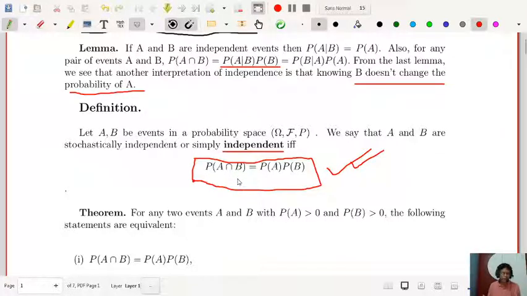If two events are independent, then probability of A intersection B is equal to probability of A into probability of B. If it is found that probability of A intersection B is equal to probability of A into probability of B, then the events are independent. So that is why it is an if and only if condition. Okay.